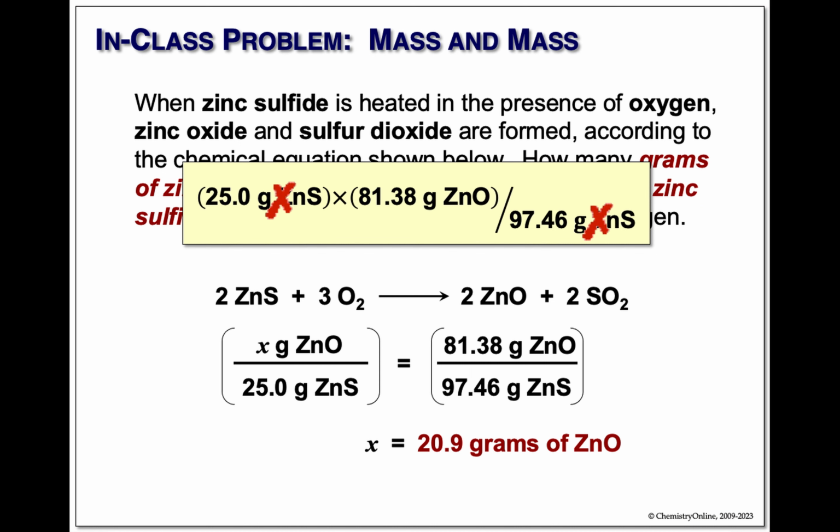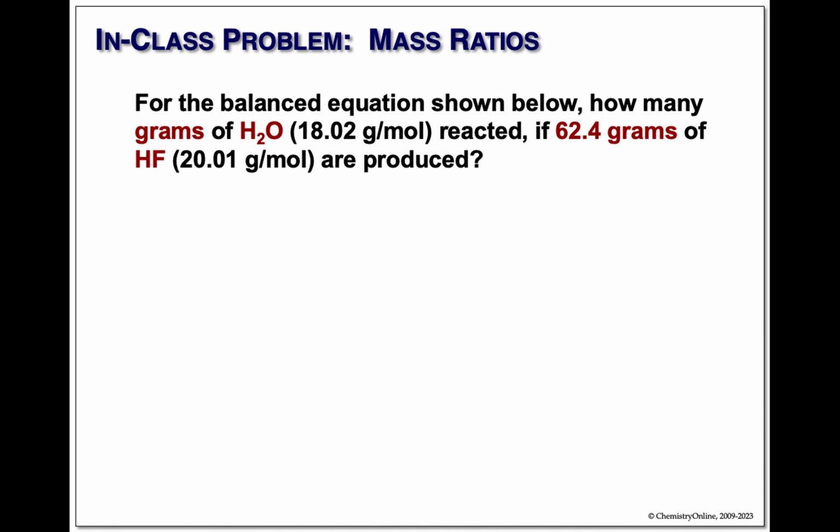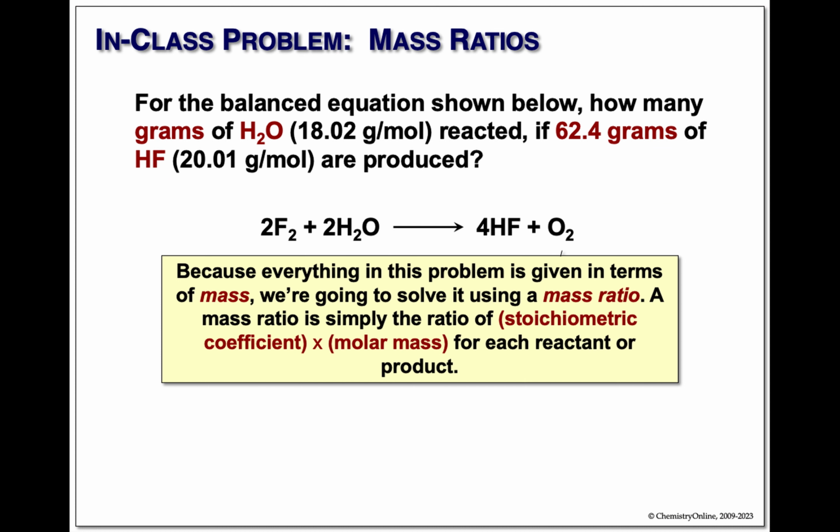All right, one more variation. And this is mass ratios. We have to use this if our stoichiometry is not 1 to 1. So in this equation, we have fluorine reacting with water to give HF and oxygen. We're balanced. Our ratio here for water and HF, there's water, there's HF, is 2 to 4 or 1 to 2.